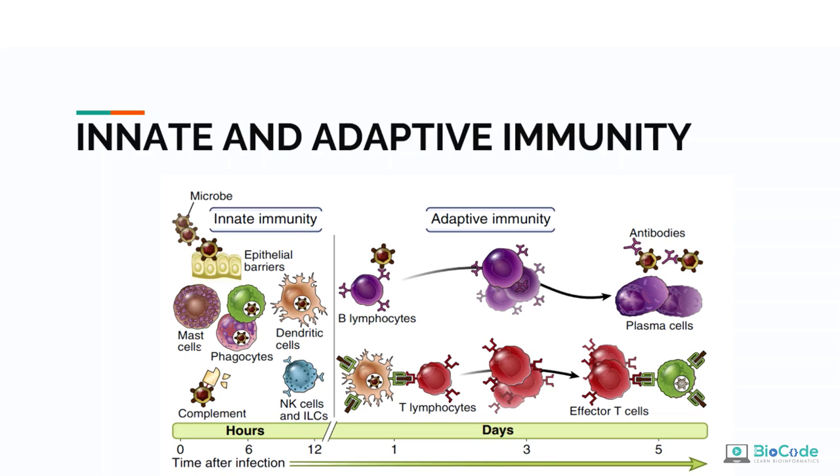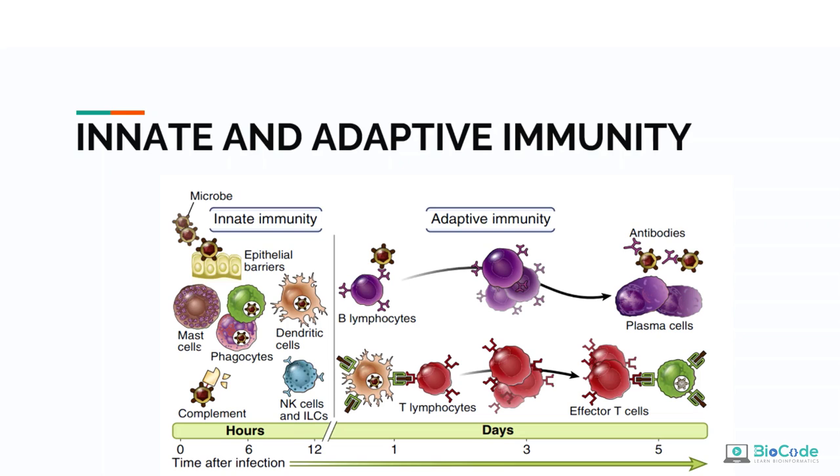But if these microbes are successful in crossing these barriers and enter into the system, then another immune system is also activated, that is adaptive immunity.